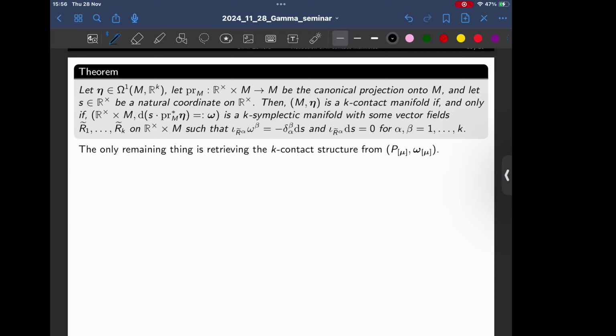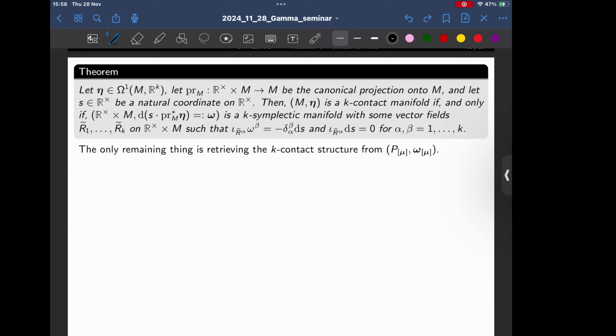with omega defined as the derivative of s times the pullback of the bolded eta with respect to this projection, is a k-symplectic manifold with some vector fields R tilde_alpha on R^x times M such that the contraction of omega^beta with R tilde_alpha equals minus delta_alpha^beta ds. The minus comes from the fact that we have s first.